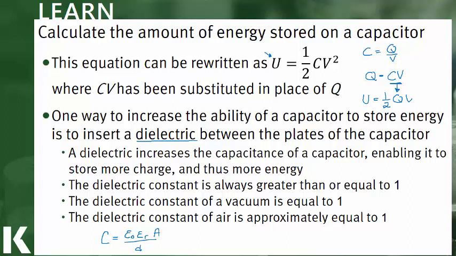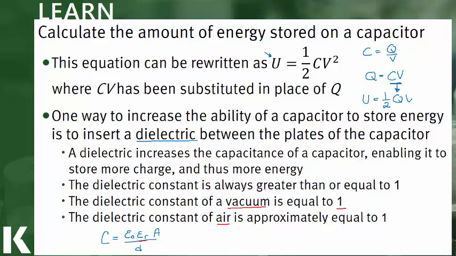The dielectric constant is that epsilon R. If we have a capacitor that lacks any dielectric, the dielectric constant that we use is equal to 1, which is the dielectric constant of a vacuum and also the approximate dielectric constant of air.